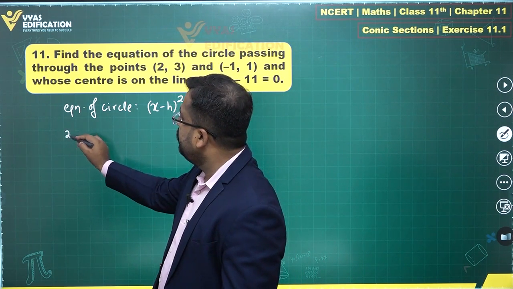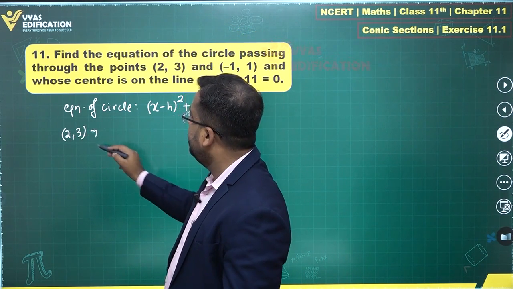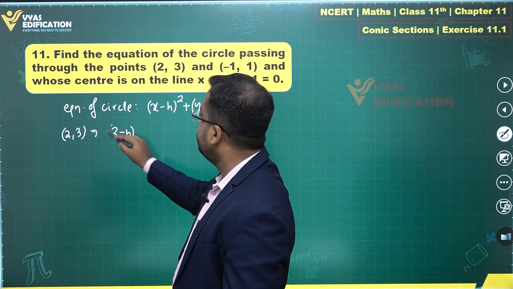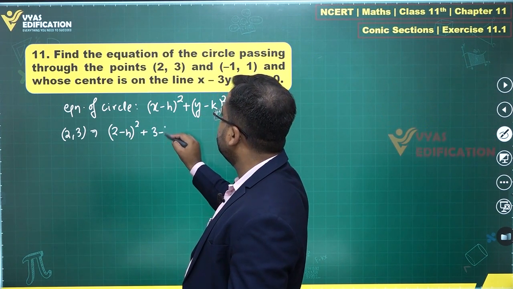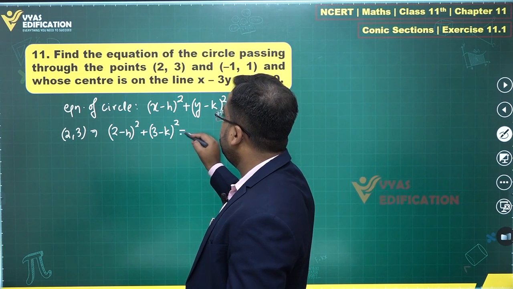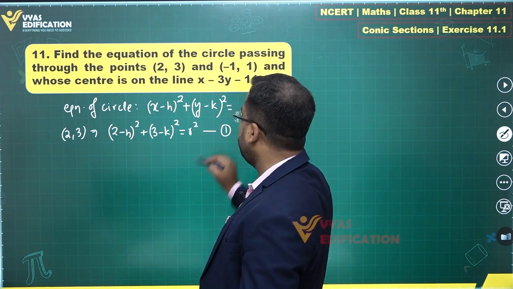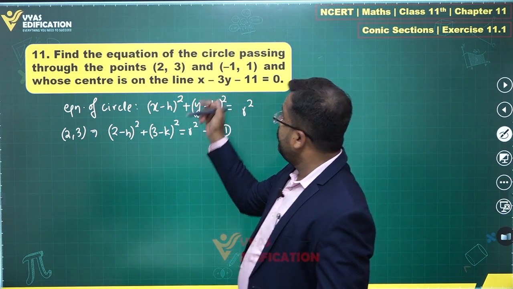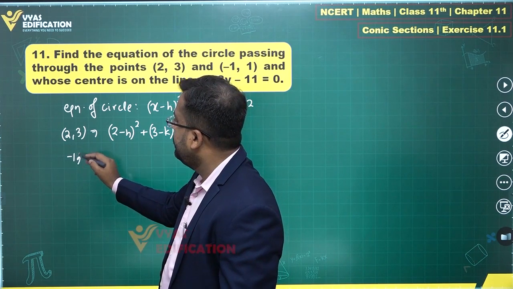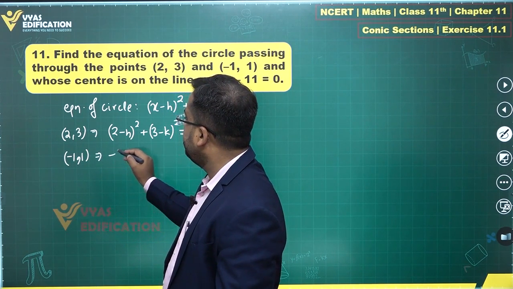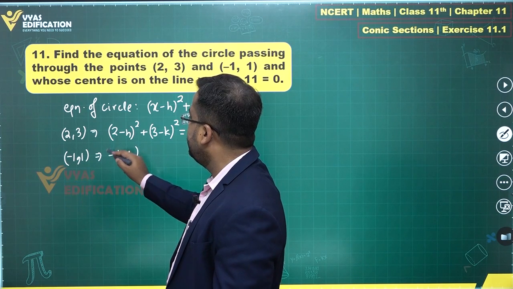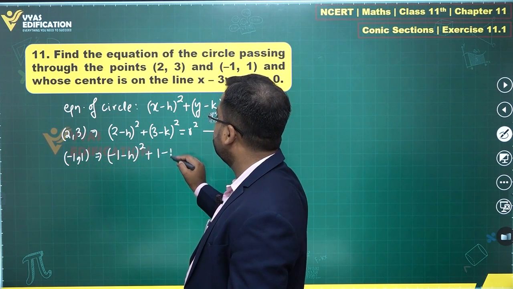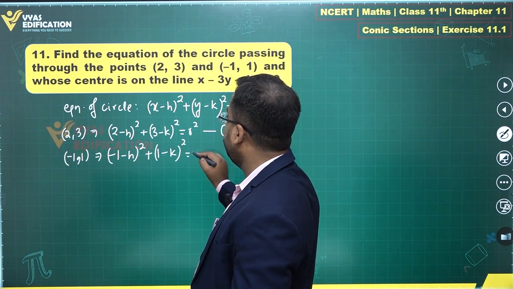If it passes through 2 comma 3, what do you get? This tells me that 2 minus h squared plus 3 minus k squared will be equal to r squared. This is equation number 1 for us. If it passes through minus 1 comma 1, then it also tells me that minus 1 minus h squared plus 1 minus k squared will be equal to r squared.